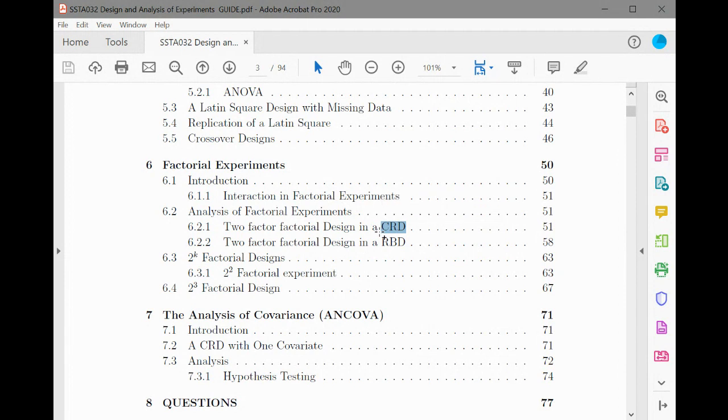Two factors, like for example A and B, it means we have factor A and factor B. And again, it doesn't mean that I cannot give you a question where you have three factors. I will give you the question where you have three factors, as long as you understand the idea on what is happening when we're dealing with two factors.